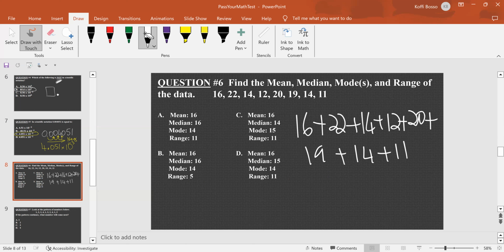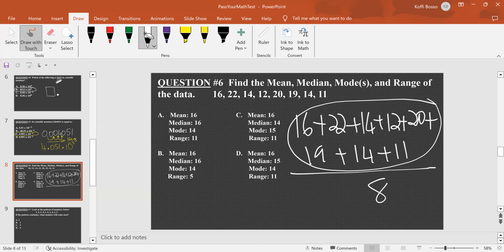So you add all these numbers. And how many numbers do we have in total? 1, 2, 3, 4, 5, 6, 7, 8. So you divide the result by 8. And if you do that, you will get 16. So again, to save time, we will not do that because all the choices here have the same answer.